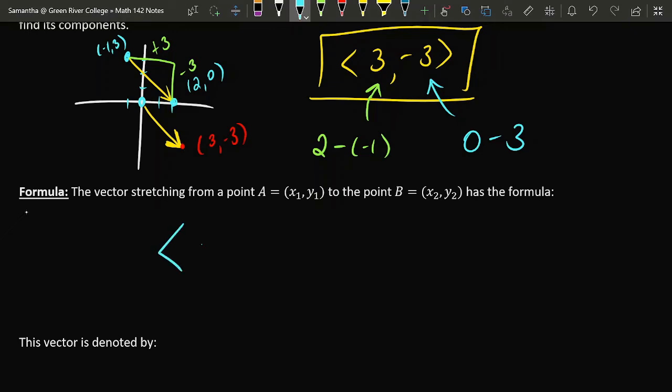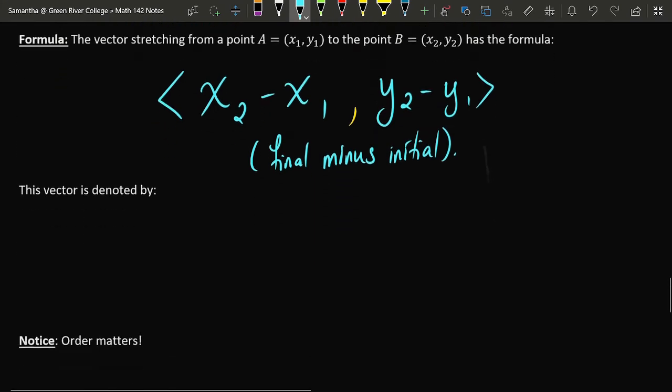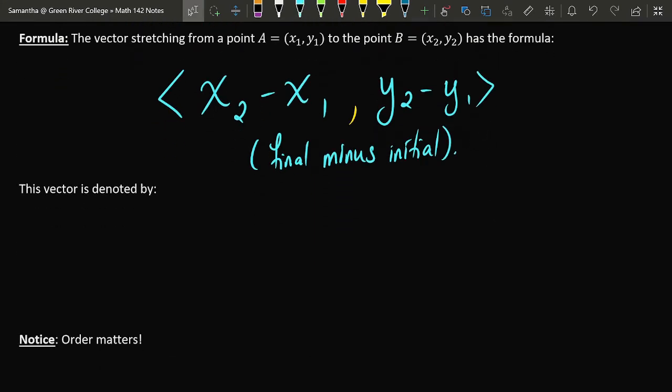Take the final x, x2, and find the difference between x2 and x1, the difference in the two x's. And then take the difference of the two y's, final y minus initial y. So as a mnemonic, this is final minus initial. If you want to get an answer with the correct sign, with the plus minuses in the right places, you do have to be careful to make sure that you're subtracting in the correct order.